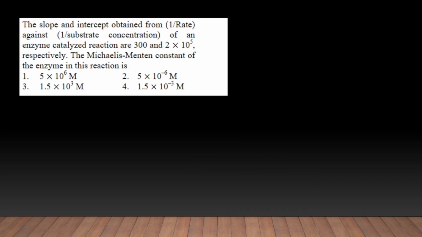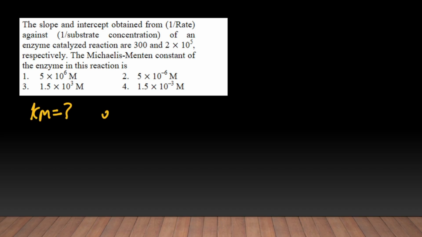Right? Next is this question. The slope and intercept obtained from the plot of 1 by R against 1 by substrate concentration of an enzyme catalyzed reaction are this and this. The Michaelis-Menten constant Km for the reaction we have to find out.